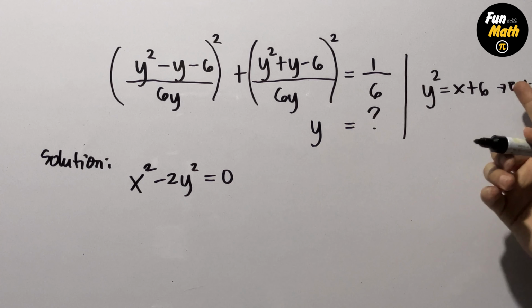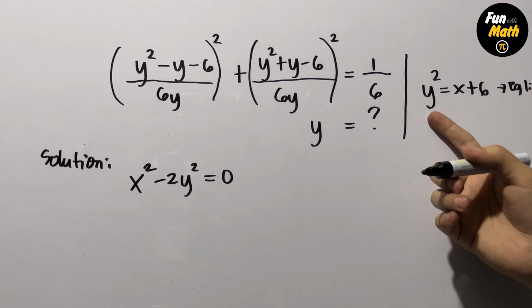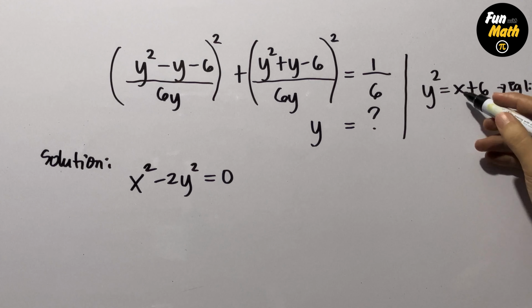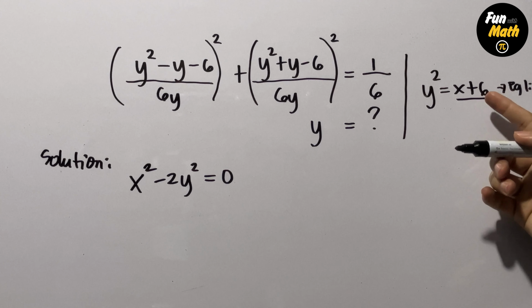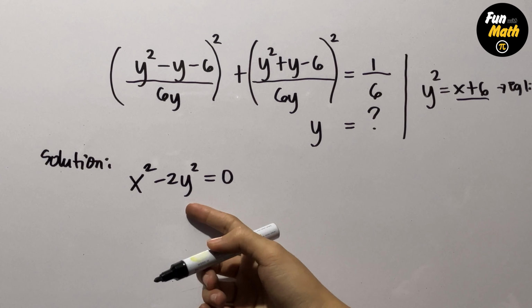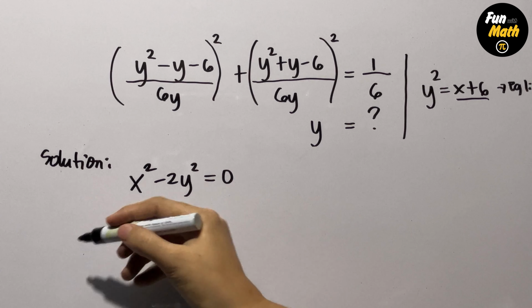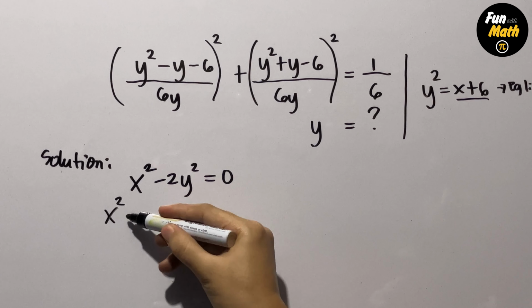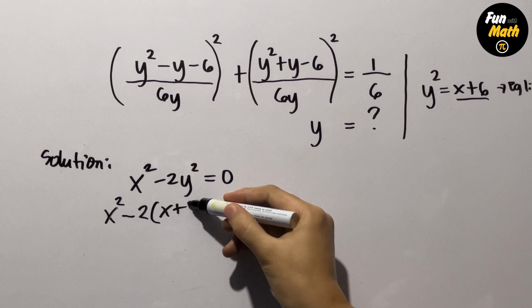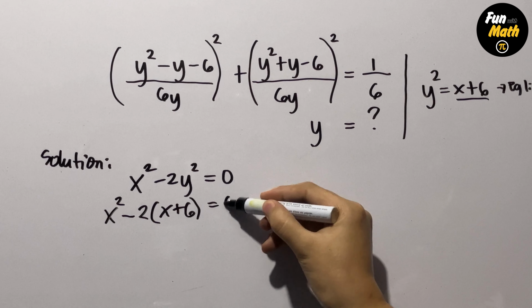And remember, we have equation 1, which is y squared is equal to x plus 6. Now we can use this, x plus 6, to substitute here as the value of y squared. So this is now x squared minus 2 times x plus 6 is equal to 0.